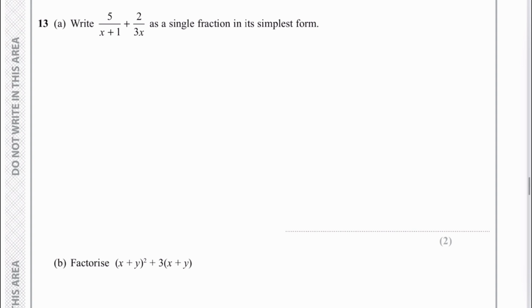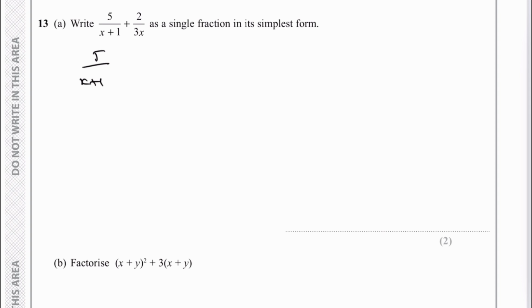It's being asked to write this as a single fraction in its simplest form. I'm not entirely sure it's in its simplest form, but we'll work through it, because basically when we add fractions, we've got to make sure the denominator is the same. So therefore, the first fraction, I've got 5 over x plus 1.